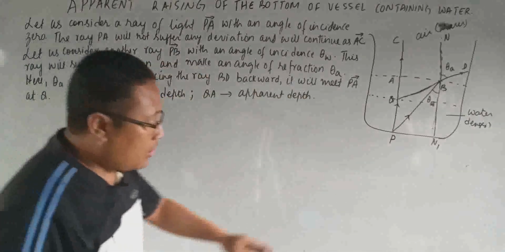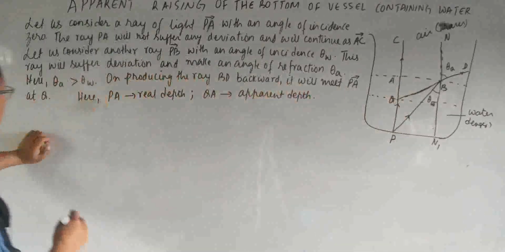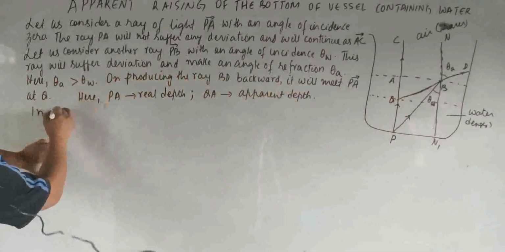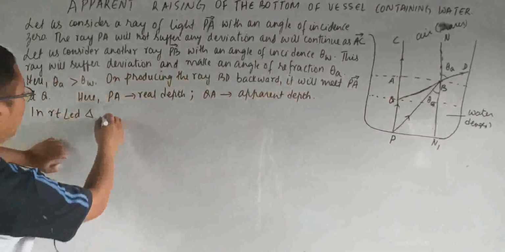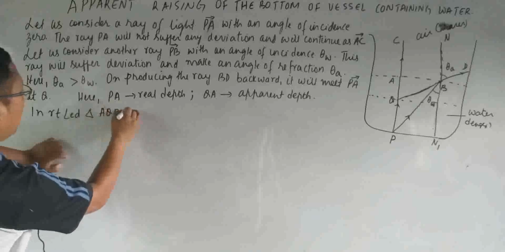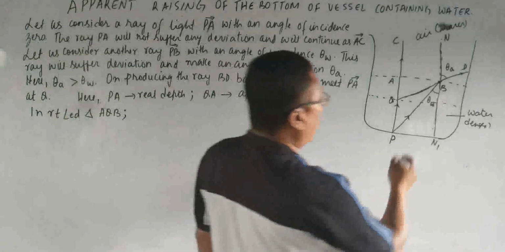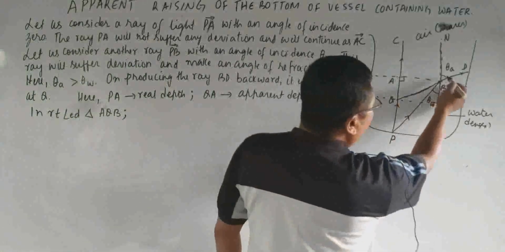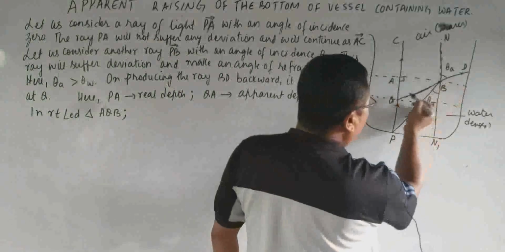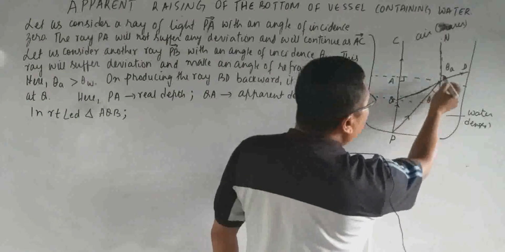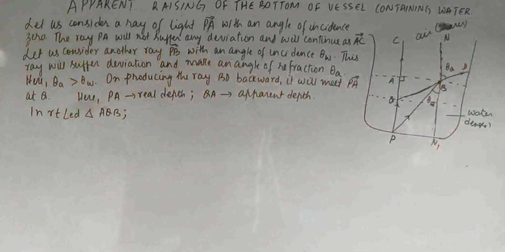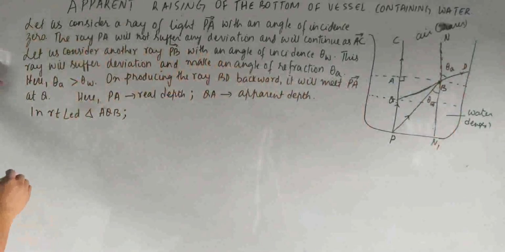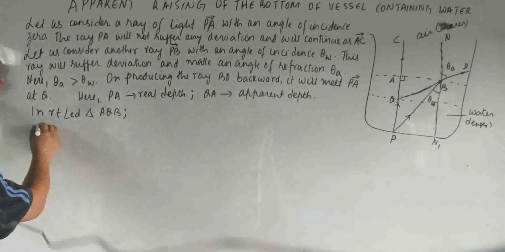Now we'll take the right angle triangles. So in right angle triangle AQB, this is the right angle. So this angle AQB will be equal to NBD, which is equal to theta A, because they form corresponding angles between two parallel lines and the transversal.